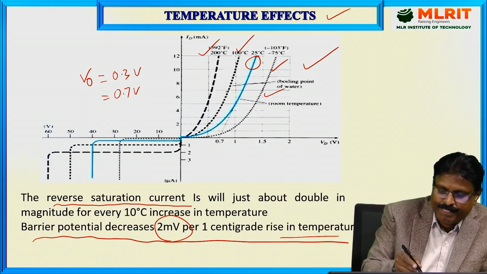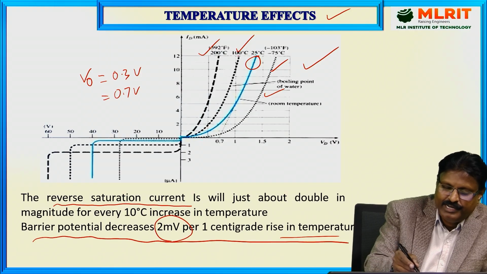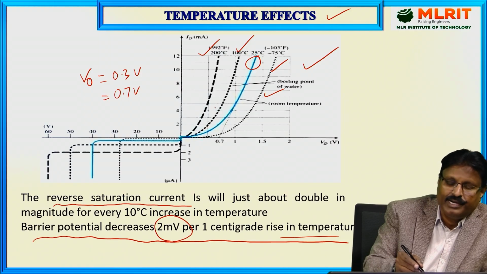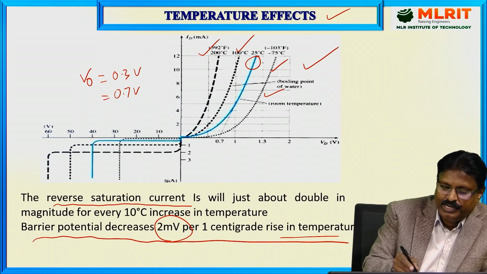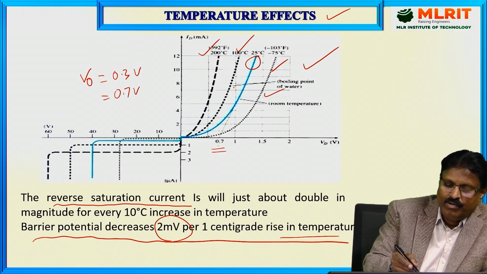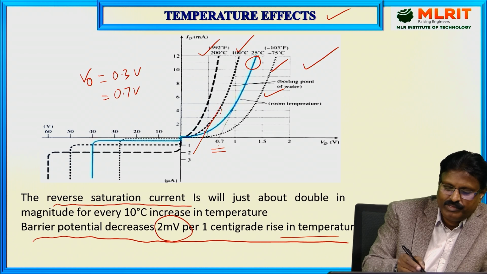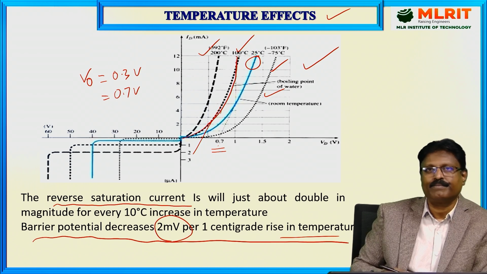That's why here, from 25 degrees centigrade, the temperature is increased to 100 degrees centigrade. So the barrier potential for this one is 0.7 at room temperature. Now the temperature is increased, so the barrier potential will be decreased. So the curve is moved to the left of the solid curve, as you can see here.